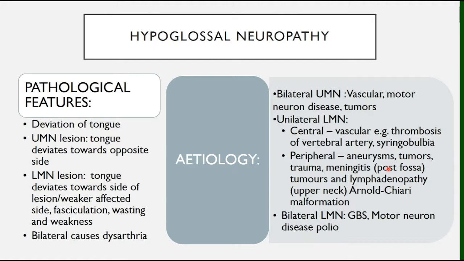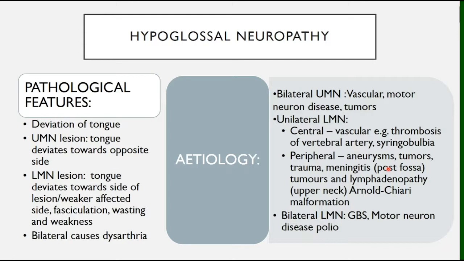So again, if you look at upper motor, then it's usually vascular causes like strokes or motor neuron disease or tumors. And lower motor, if it's unilateral, then you think of vertebral artery thrombosis, syringobulbia, but most of the time, because you remember 12 is in the midline, so both nuclei are very close to each other.